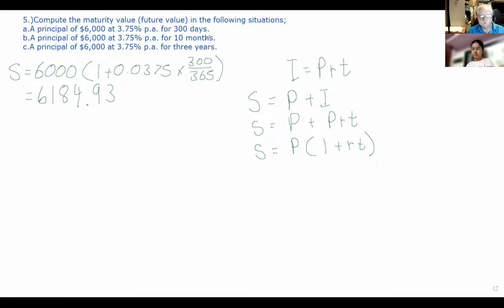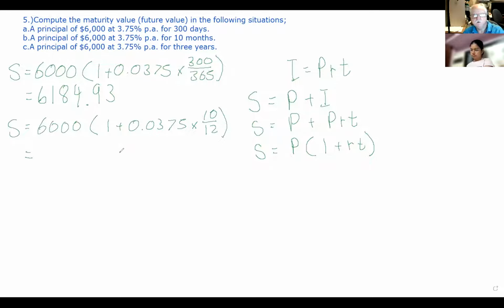So try the same thing with months. S equals 6,000 times 1 plus 0.0375 times, but as it's months, we're going to have to go 10 over 12.